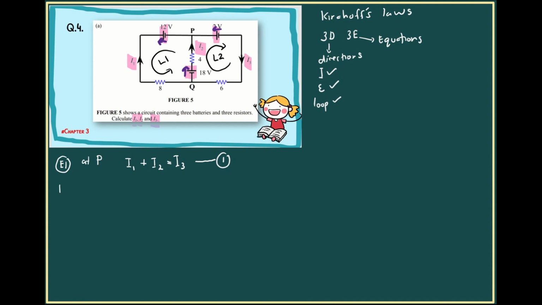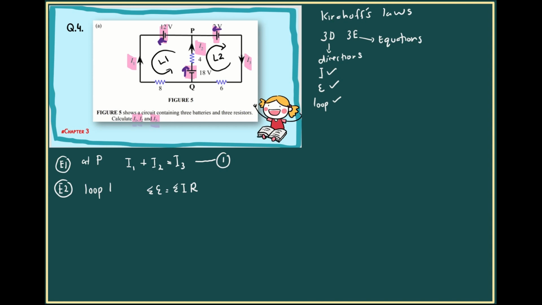To get the second equation, E2, we choose one of the loops. Let's say we choose loop 1 first. We're applying Kirchhoff's second law: summation of EMF is equal to summation of IR. We have to always compare the direction.